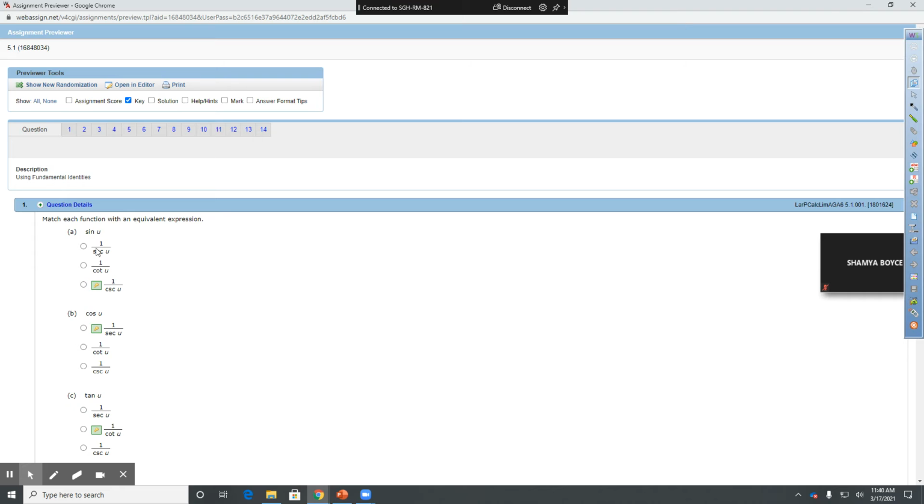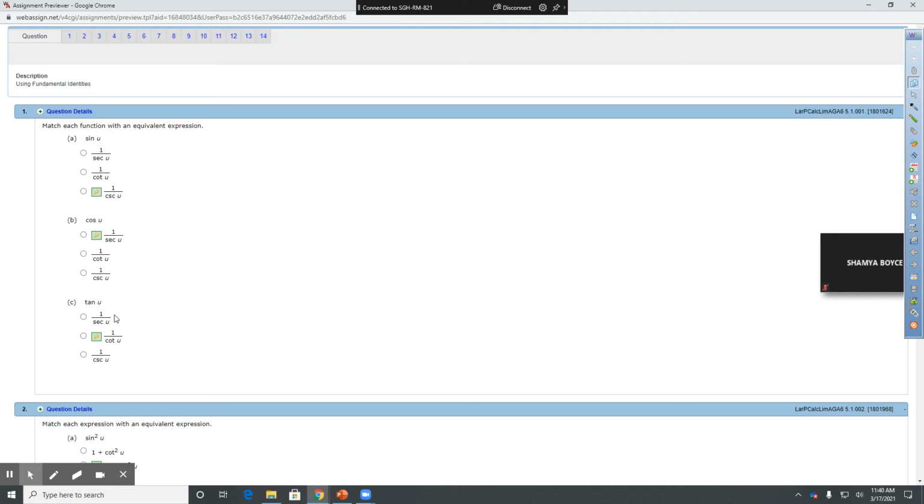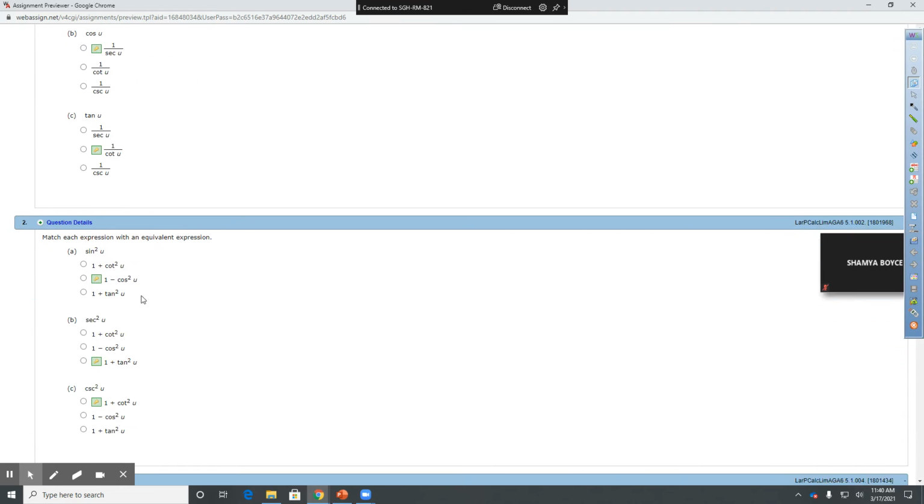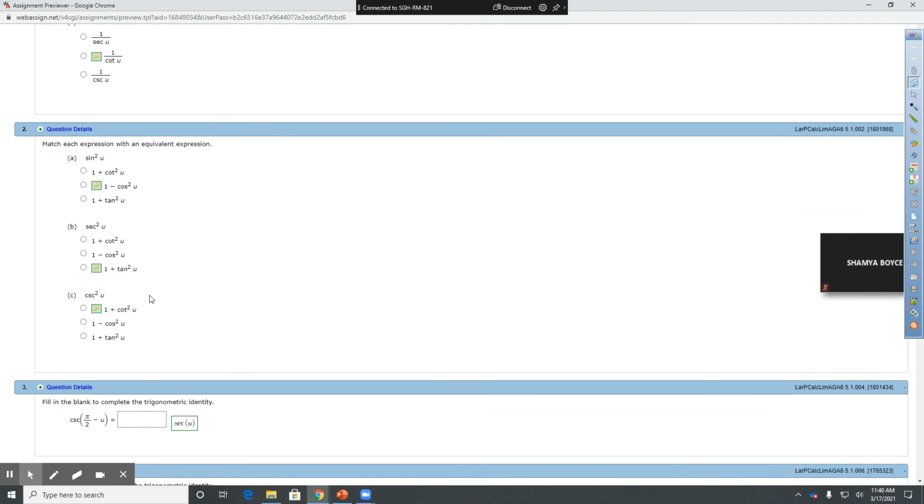So right here, this says match each function with the equivalent expression. That's just pulling off those papers, the identities, what equals what. What does sine of u equal, you find cosecant. That's all these on here. Now on the sine of u, the identity is sine squared of u plus cosine squared of u equals 1. So you just have to get sine squared of u by itself by subtracting cosine squared of u from each side.